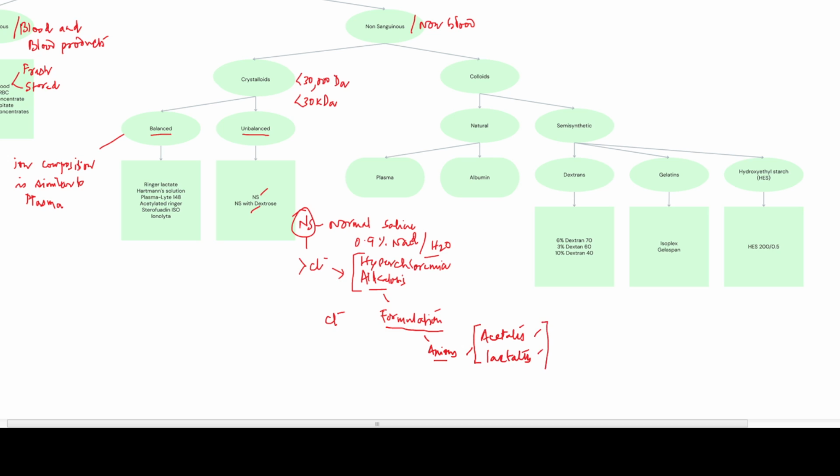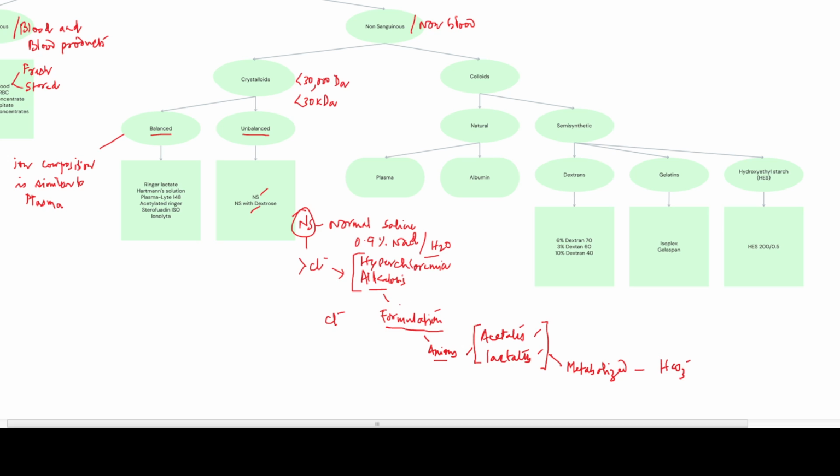What happens is these things get metabolized in the body to bicarbonates. So they can prevent alkalosis.